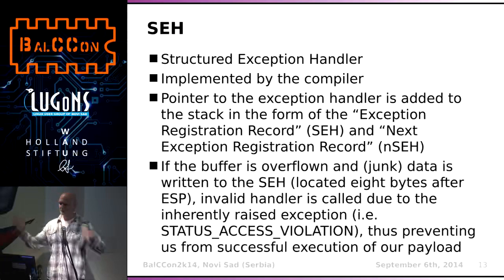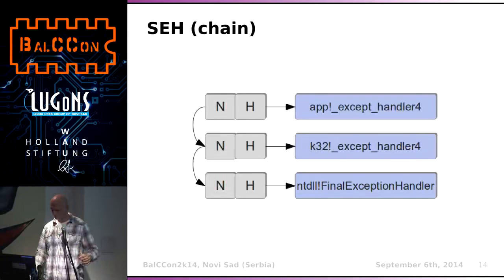So basically, what is being done? This is the simplified version of the structured exception handler chain. Basically, if there is an exception going on in the program, first the program is handing the handling to the first exception handler.